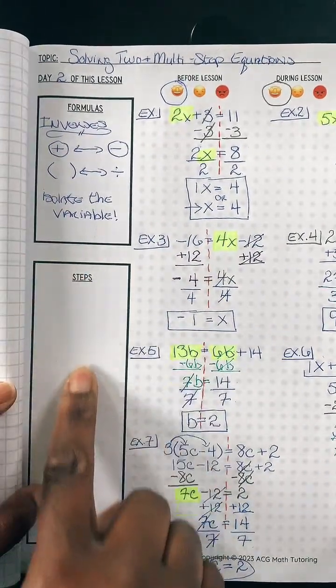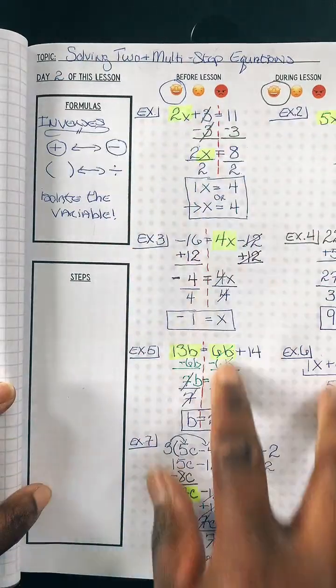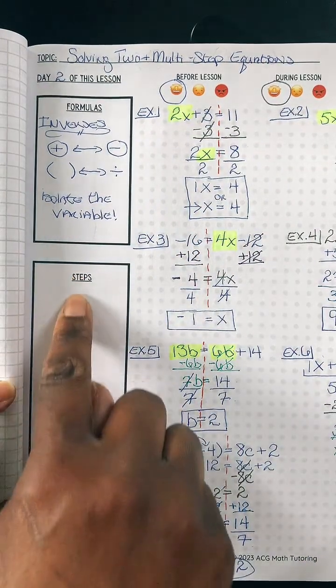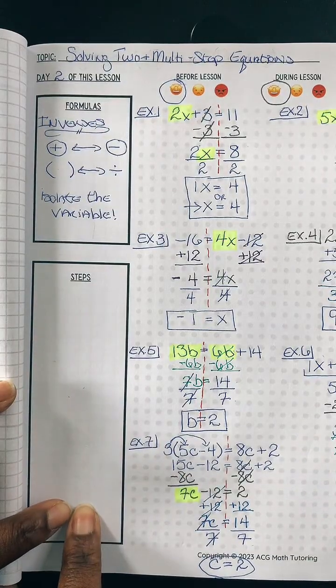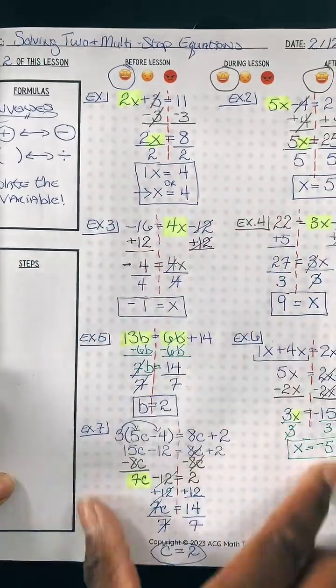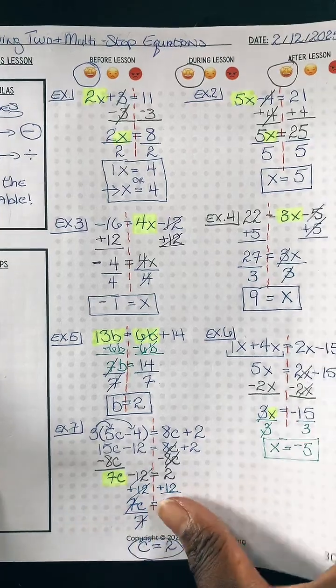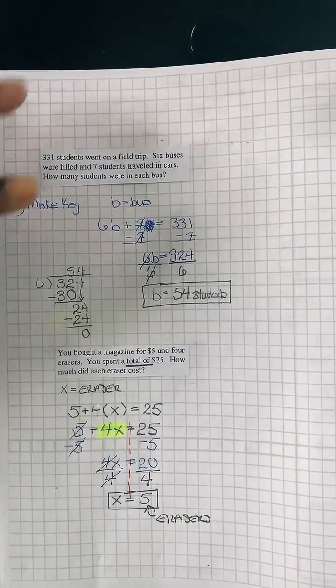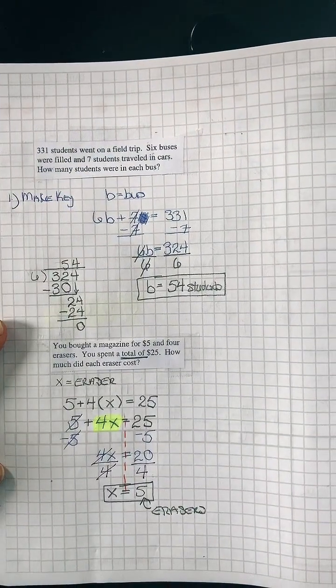You can have the steps. After I do a drill like this, I would ask the students, what will the steps be? And we'll actually design the steps and write them down. They have examples of those problems here. And then on this side, just like how we did with the word problems, you can do extra work over here.